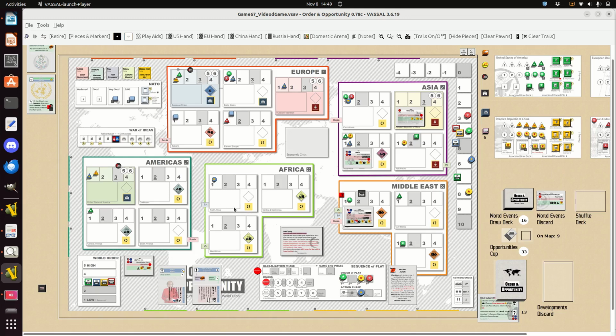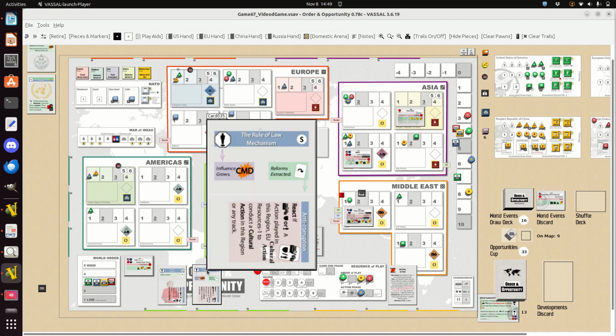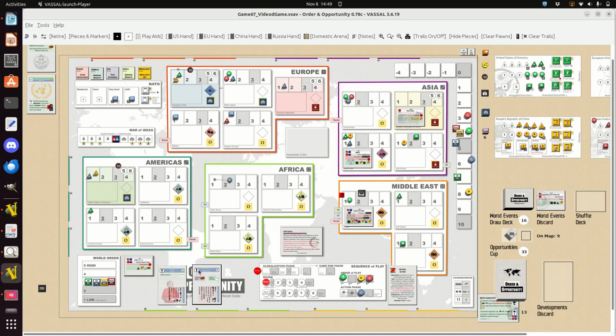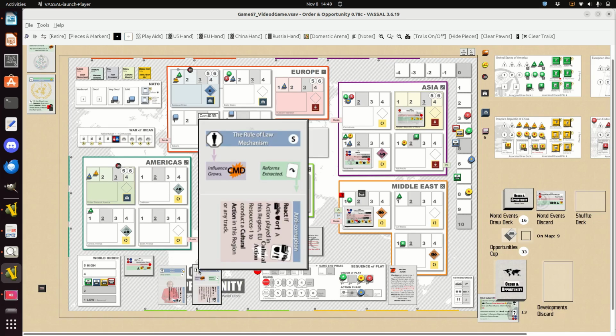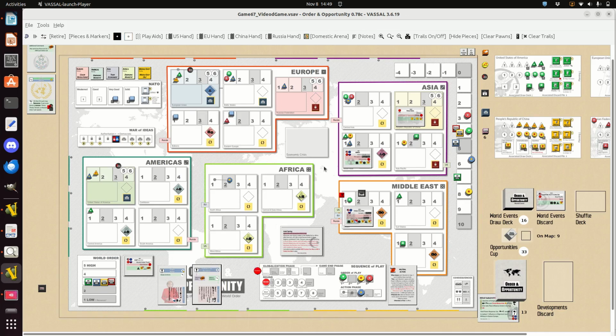And so let's say the EU will increase political influence here in North Africa. So what is happening here is the EU is using this card for an action corresponding to the suit of the card, which is to increase political influence. There's always a space selection cost that the EU pays, so they reduce their resources from 6 to 5.